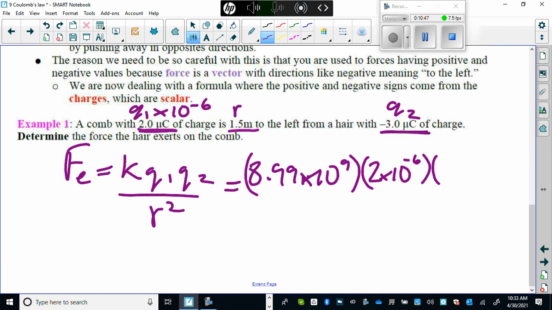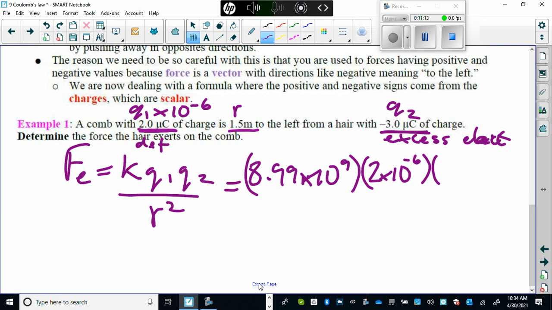So in other words, this has an excess of electrons, and this one has a deficiency of electrons. Do we put the negative into the question? No, you can if you want, but all this means is that they have opposite charges, therefore they are going to move towards each other.